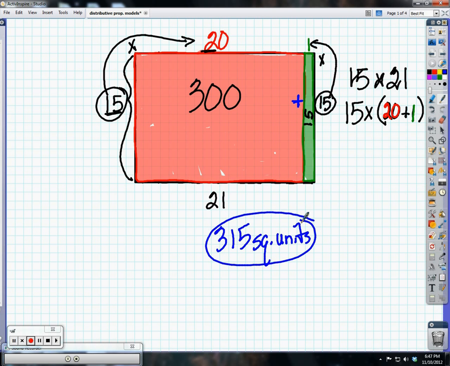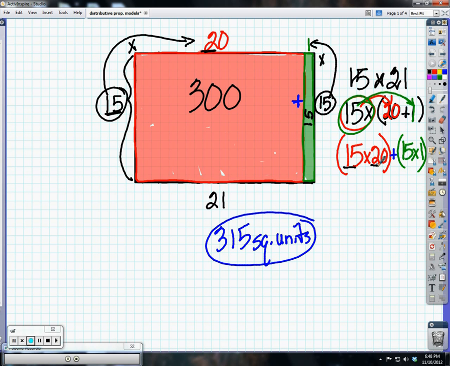So, doing the exact same thing with the distributive property, I'm going to give the 15 times to the 20, and in essence that is one of our rectangles, putting it in parentheses. Then I'm going to give the 15 times to the 1, which is going to be the smaller rectangle, putting it in green, and then I would add the two together.